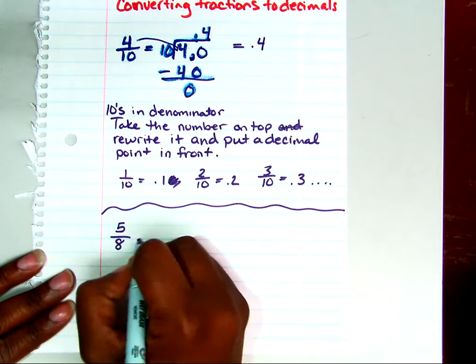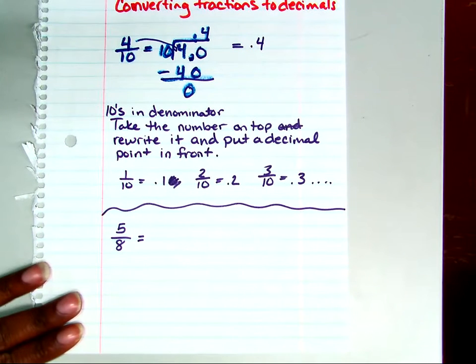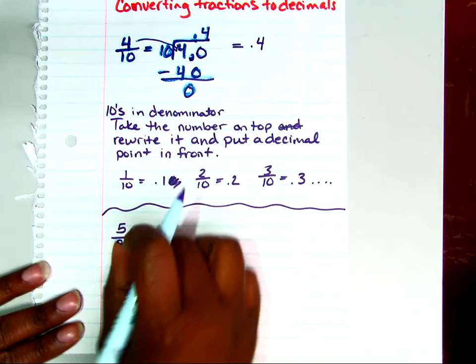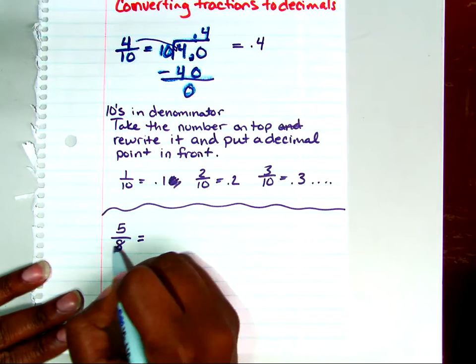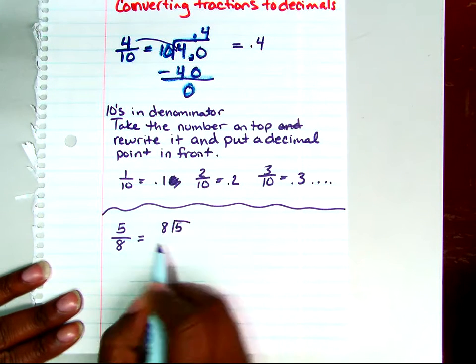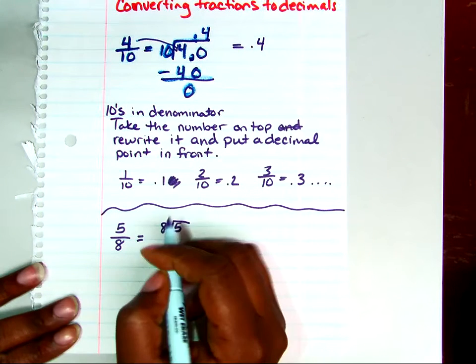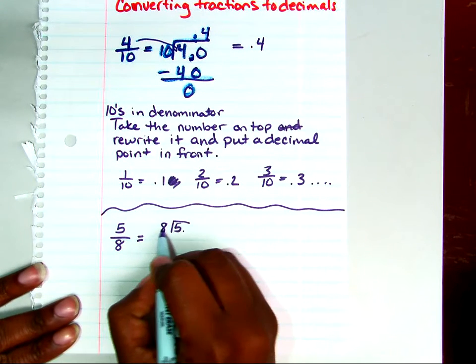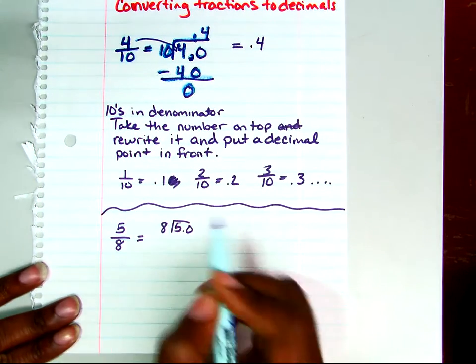5/8. If I flip this sideways, I do long division. 8 can't go into 5, so I have 50.